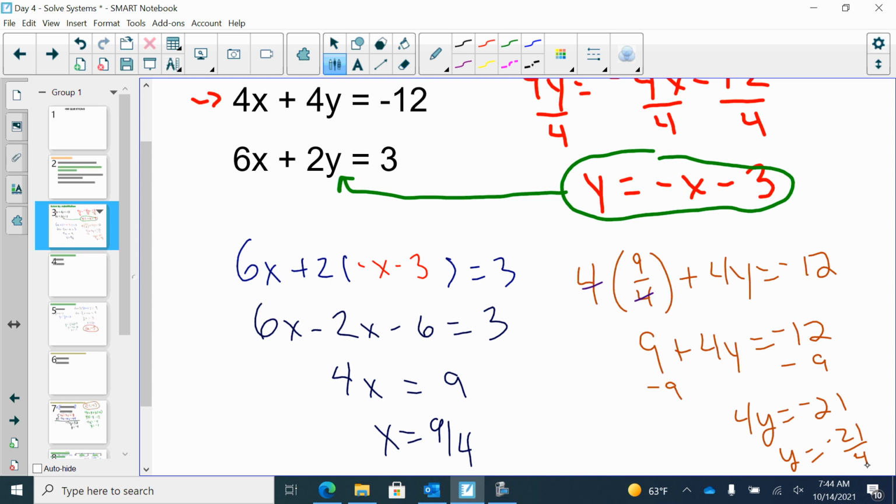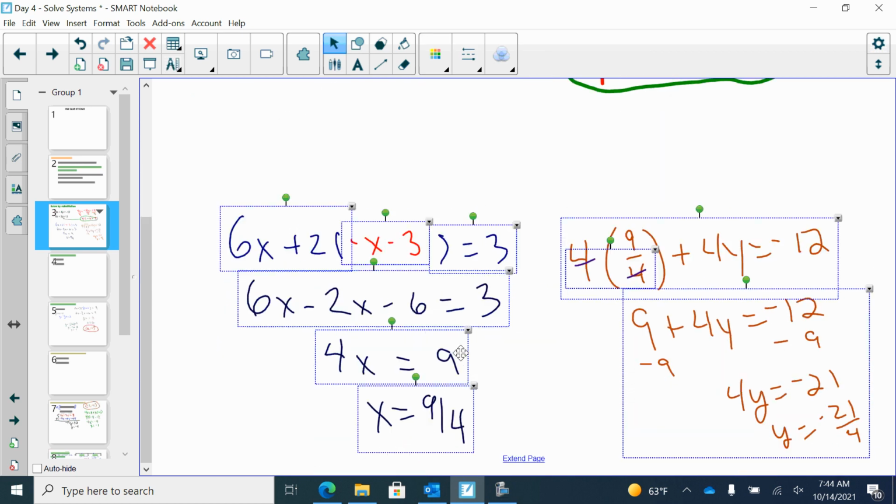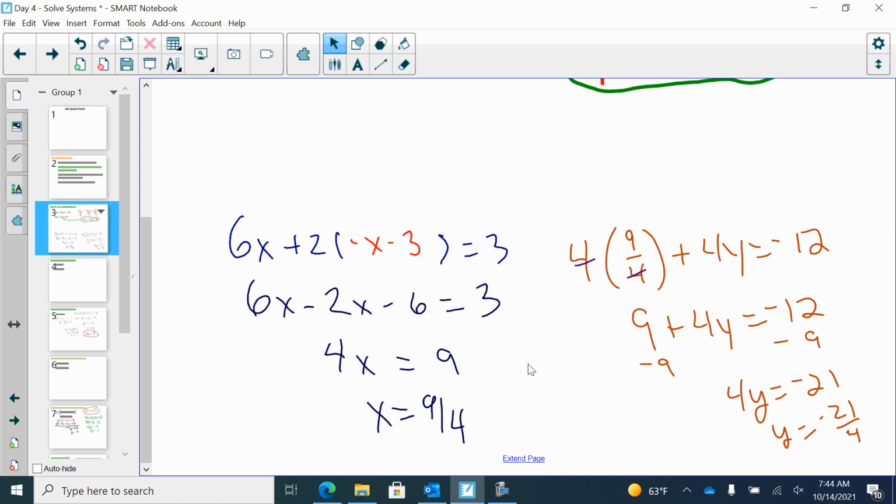Okay. We definitely want to check these because they are fractions, right? We're allowed to have fractions, but you want to check them, and this is good practice for us to make sure that we know how to do our fractions.